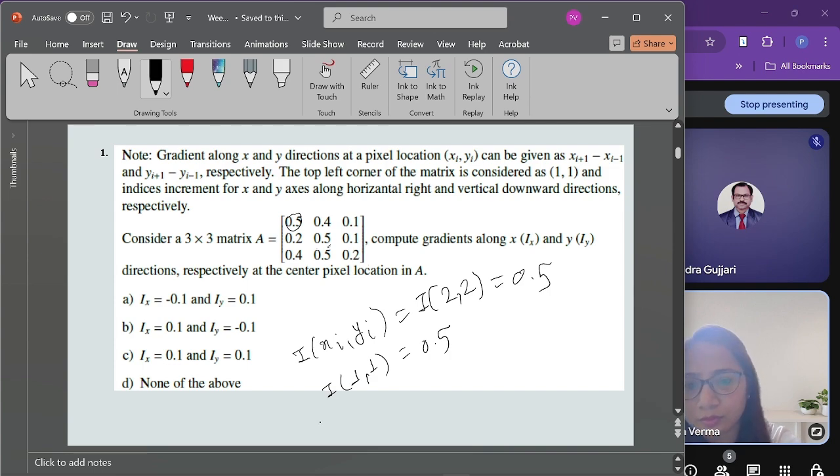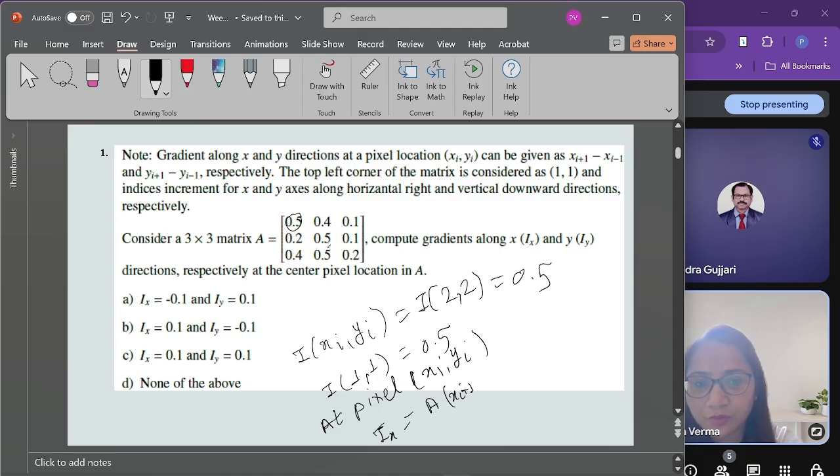So how can we calculate the gradient? At pixel xi and yi, the gradient in direction x, let's represent it by Ix, is calculated by this.